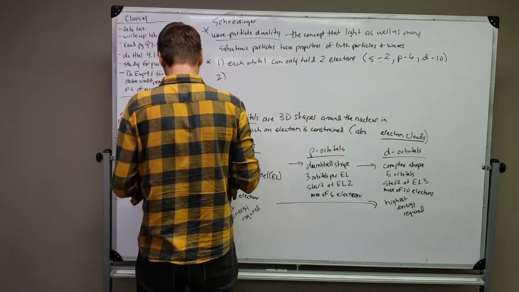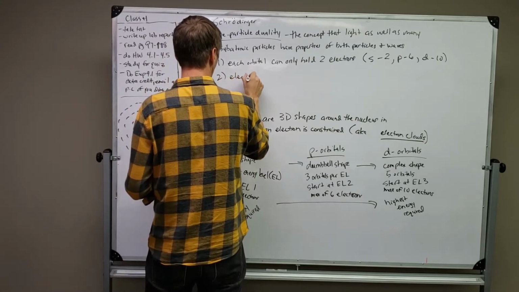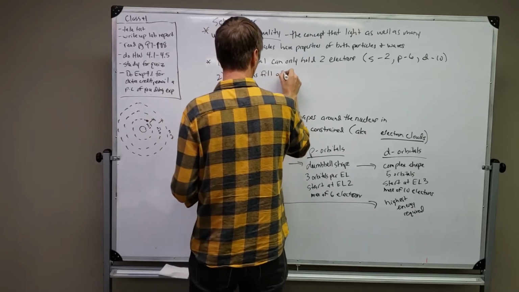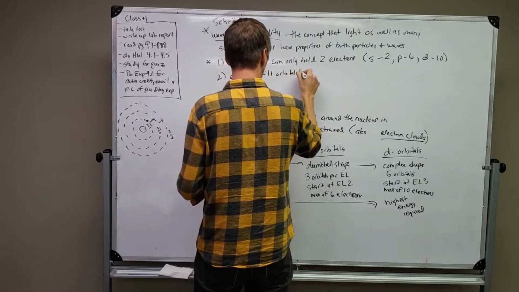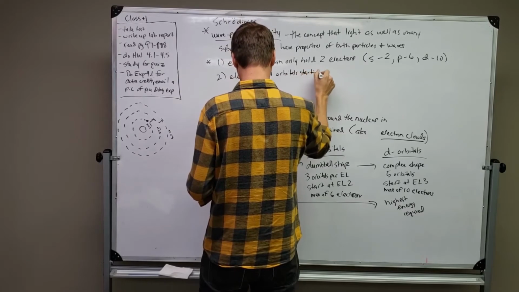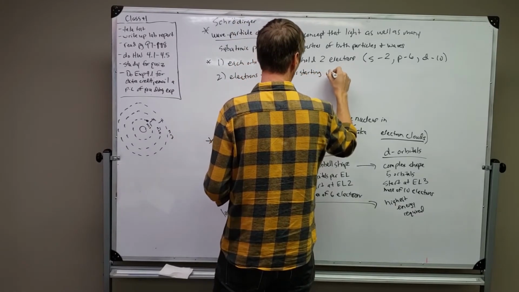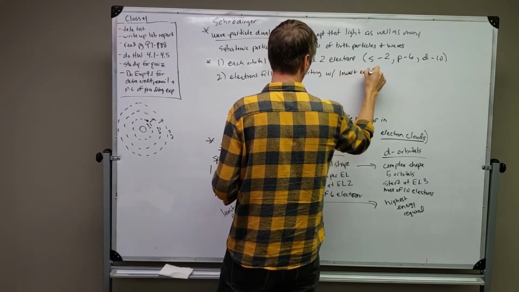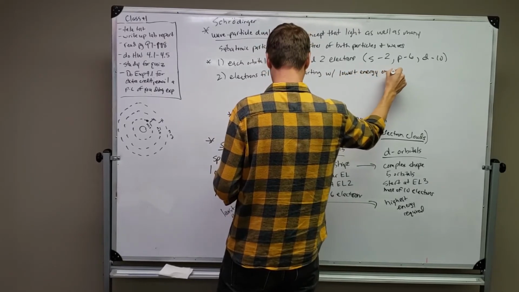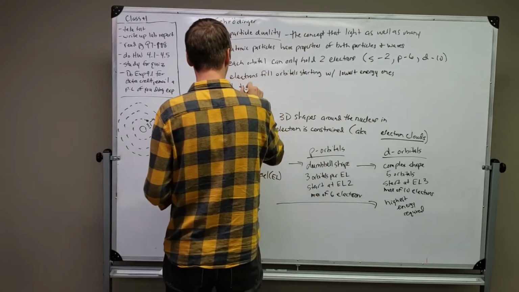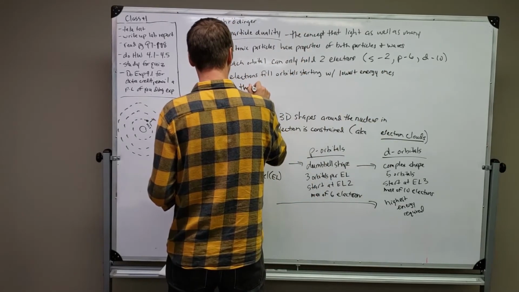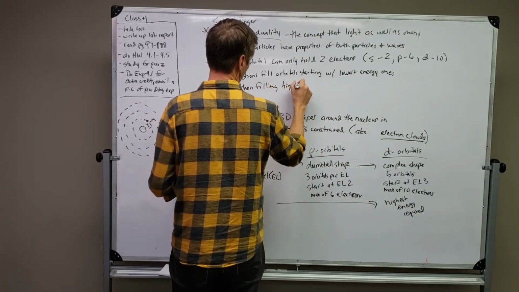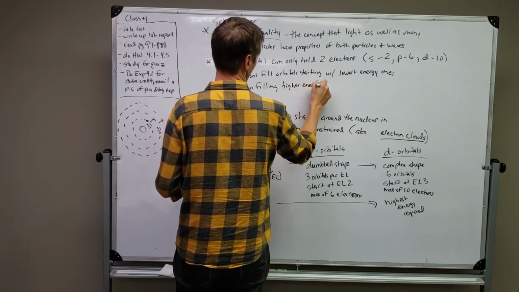The next thing that we need to remember is that electrons fill orbitals starting with the lowest energy ones and then filling higher energy orbitals.